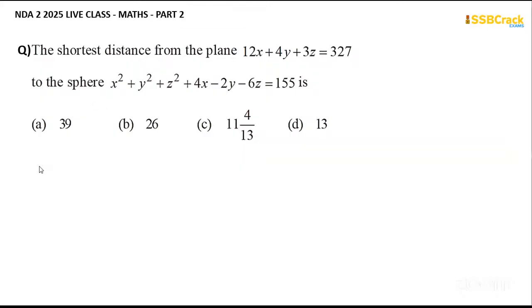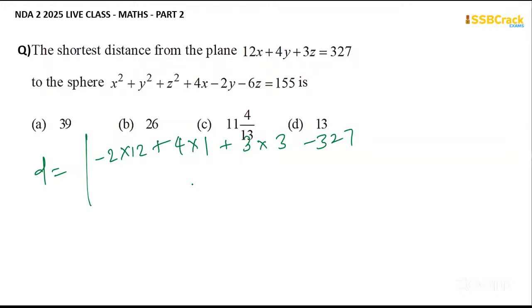So the shortest distance D is equal to minus 2 into 12 plus 4 into 1 plus 3 into 3 minus 327 divided by root of a square plus b square plus c square. So it is 12 square, which is 144, 4 square, which is 16, and 3 square, which is 9.